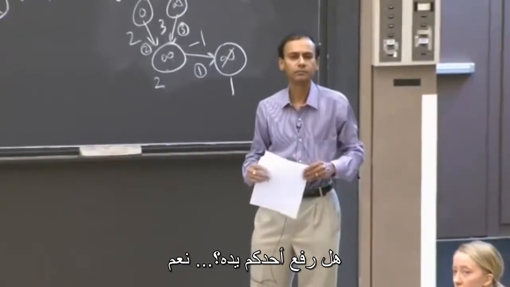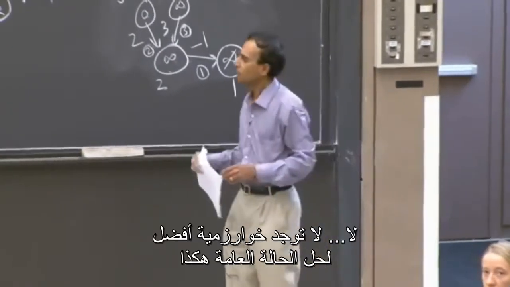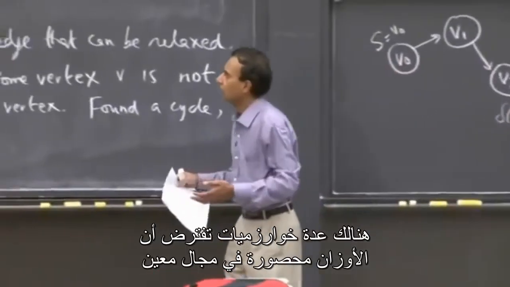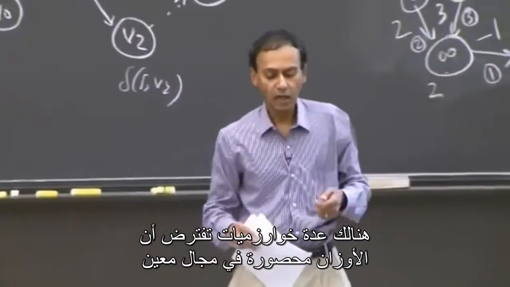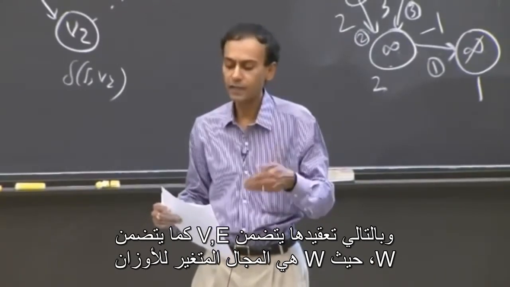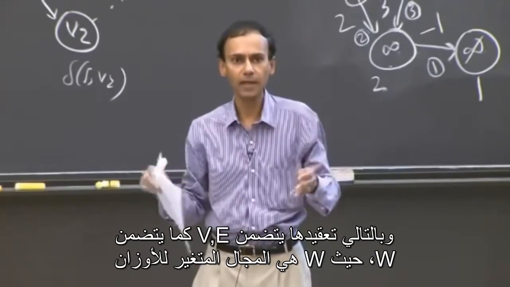I'm just curious, is there a known better algorithm that is doing the same thing? No, there's no known better algorithm for solving the general case like this. There are a couple of algorithms that assume weights are within a certain range, and then their complexities include both V and E as well as W, where W is the dynamic range of the weights.